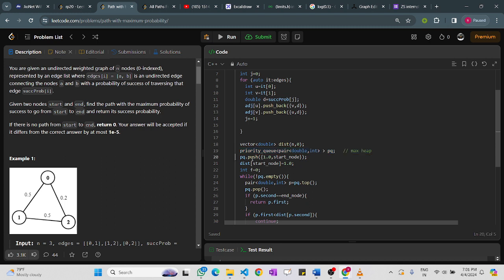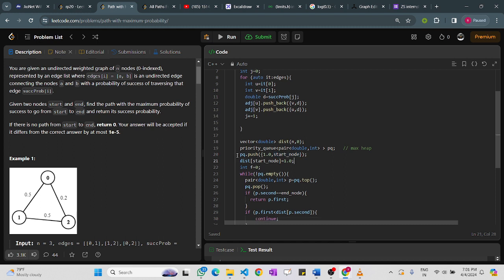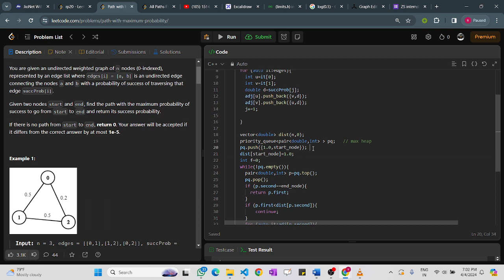First of all, I will always take the starting node, and the probability of that starting node is always one, because this is the maximum probability. Probability can't exceed one, so I have taken the maximum probability. No need to explain this thing also, because you already know what it is.